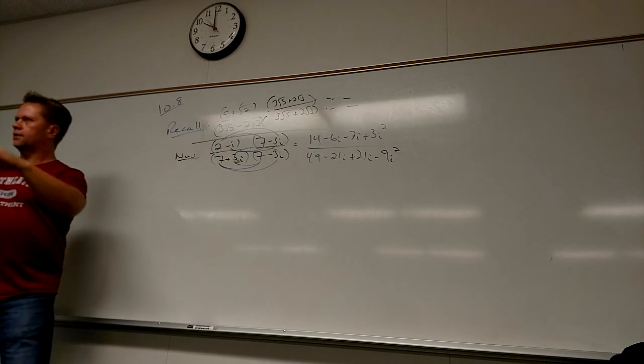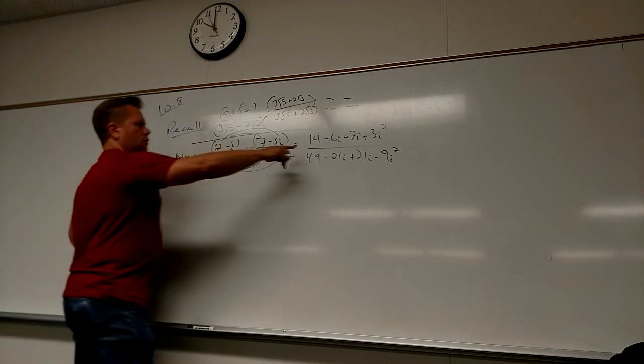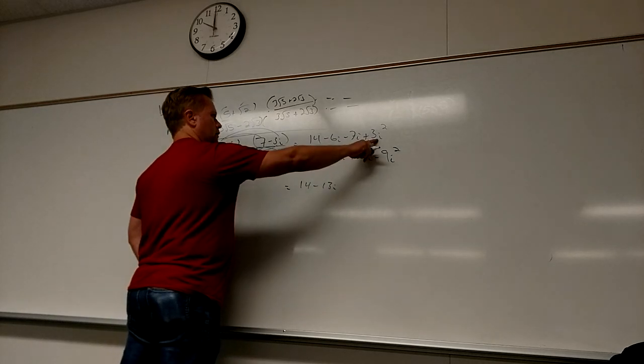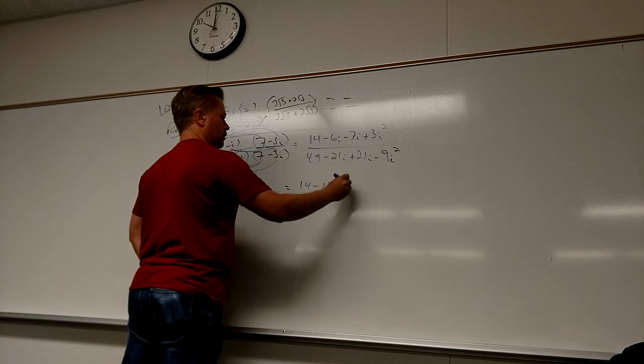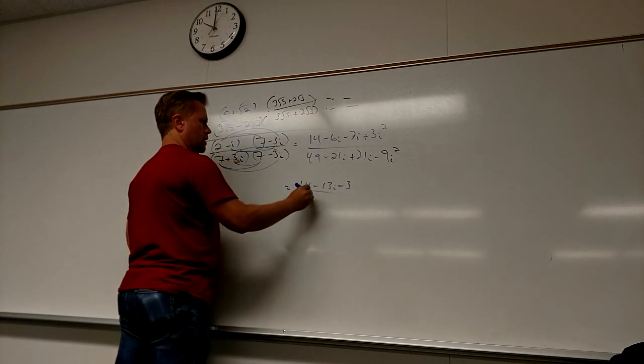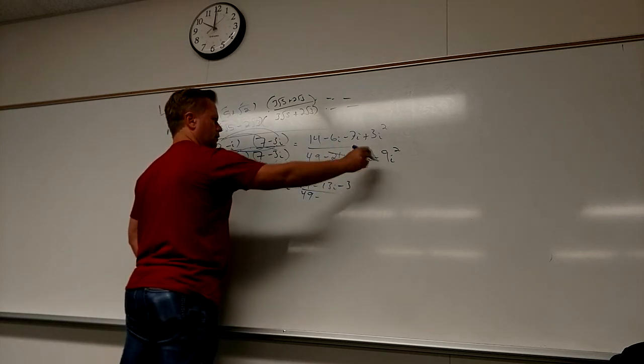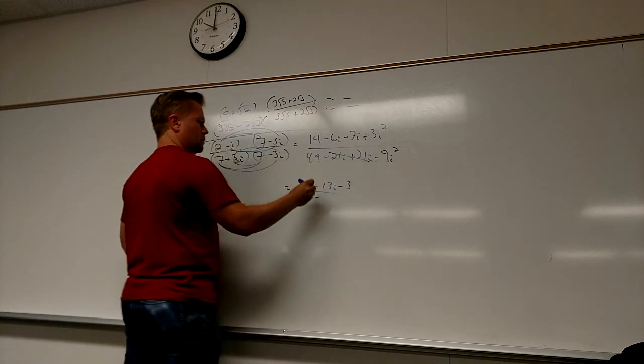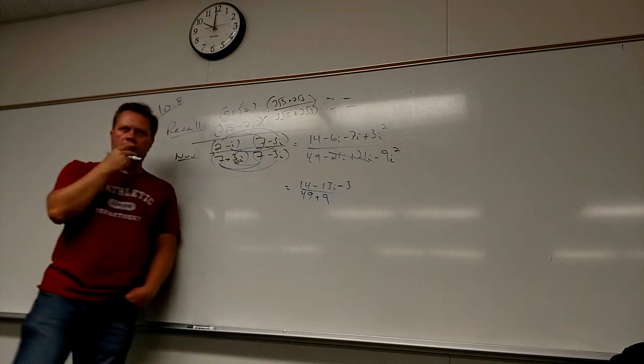Now we simplify the top and the bottom. The top will be 14 minus 13i. What does i squared become? Negative 1 times 3, so negative 3. On the bottom, 49, these go away, and i squared becomes negative 1 times negative 9, plus 9.